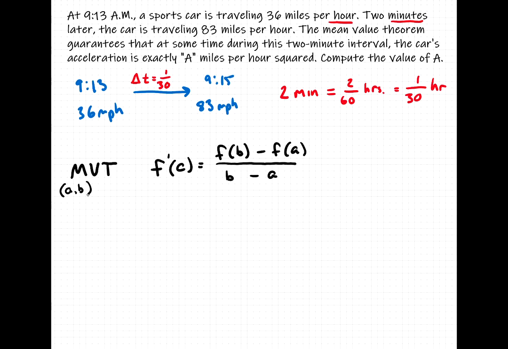Okay, so let's restate the mean value theorem in the context of this problem. We're talking about the speed, the velocity, v of t, and what the mean value theorem says is that v prime of t is equal to, well, our interval.